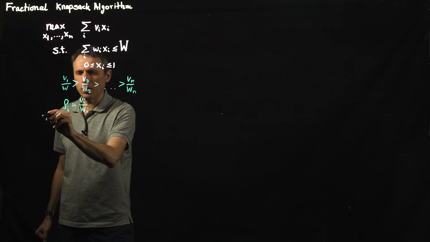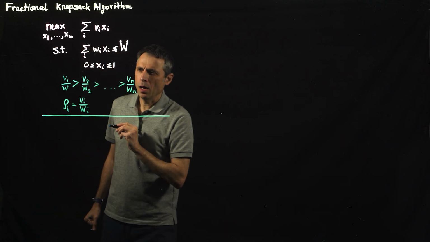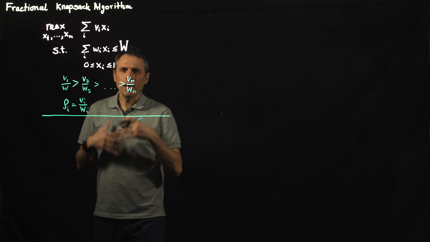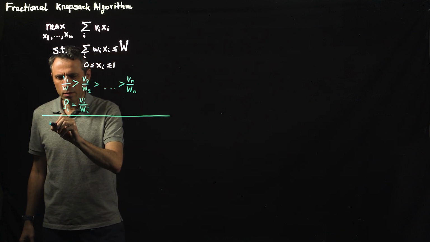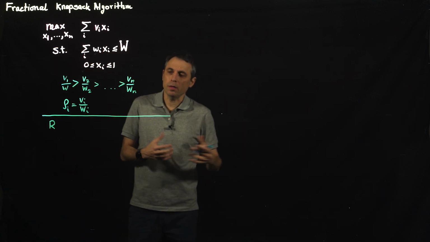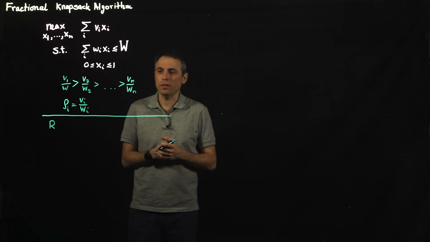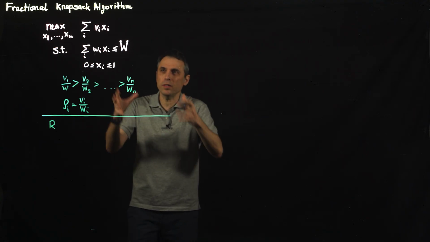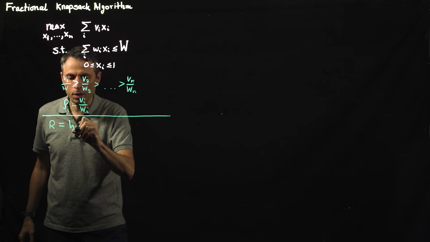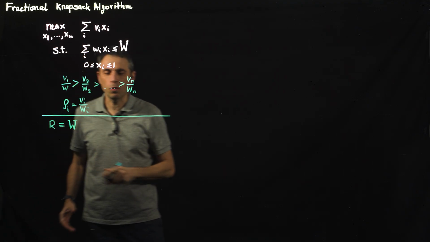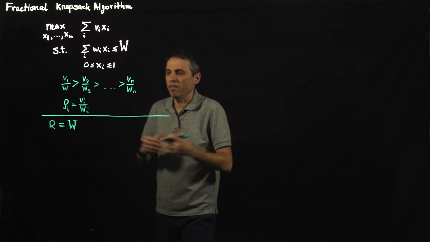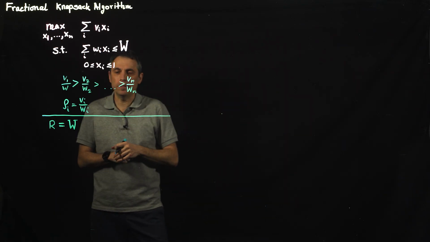Here is how the greedy algorithm works. First, let's define a quantity R, which is how much weight remains to be put inside the sack. In the beginning it's empty, and R is set equal to W. We have nothing in, so the total amount that we can carry is still available to be filled.